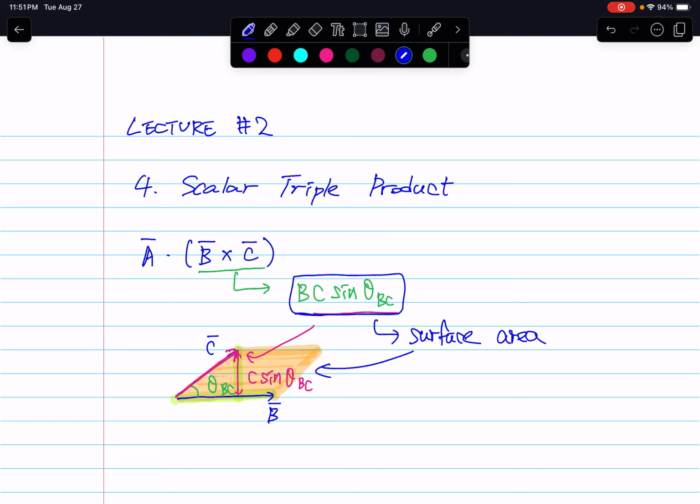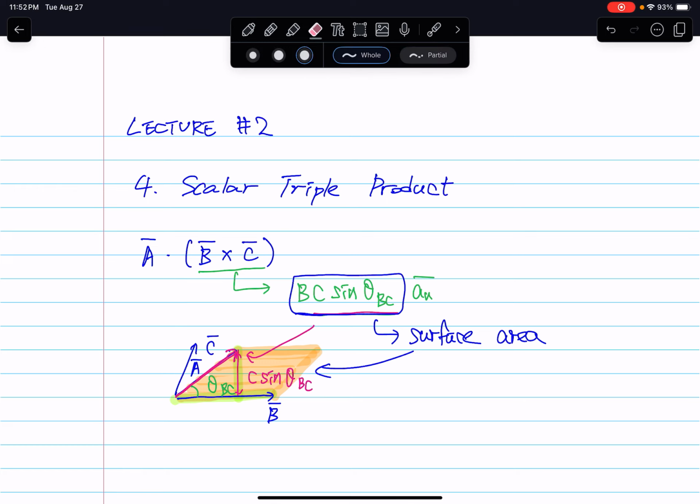And now we're going to multiply vector A, which is this guy here, that's A. And it's not perpendicular, but it's still pointing towards the upper side compared to this 2D plane formed by vector B and C. Now if you do an inner product of that, oh, by the way, I forgot to write that normal vector AN right here, because the result of the cross product is a vector normal to the 2D plane.